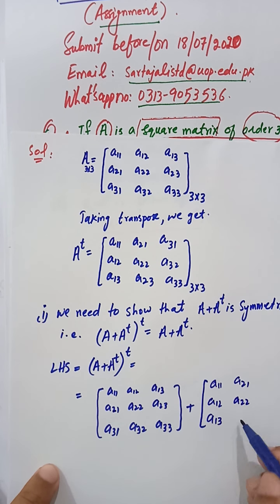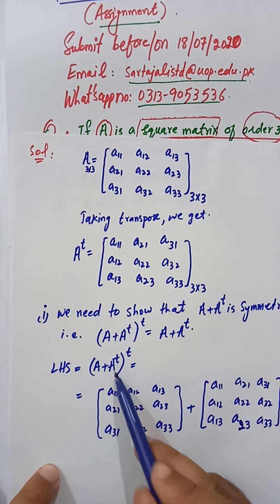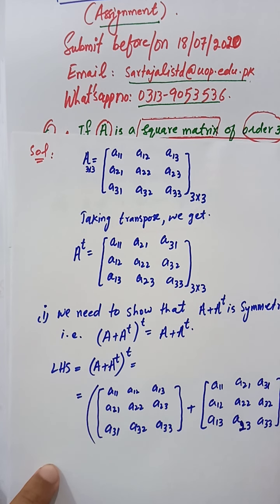Remember that the transpose is actually an operator. If a transpose is applied on a matrix, it gives another matrix. So you see that this is A, and this is (A plus A transpose) whole transpose. So first we will add this and then we will take the transpose.